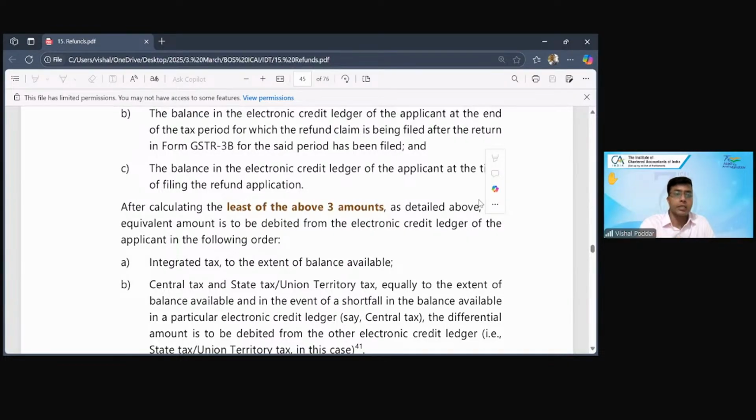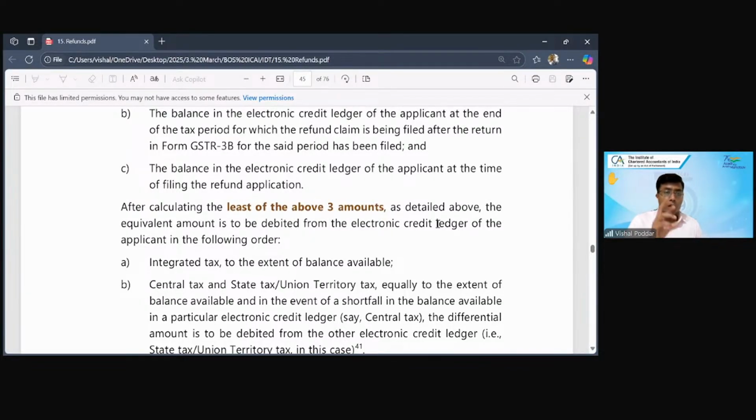Now, what it says: after calculating the least of the above three, as above, the equivalent amount is to be debited from the electronic credit ledger. This we also discussed above, that whenever you are making a refund application on the basis of unutilized ITC, this amount at the time of making this refund application will be debited from your electronic credit ledger.